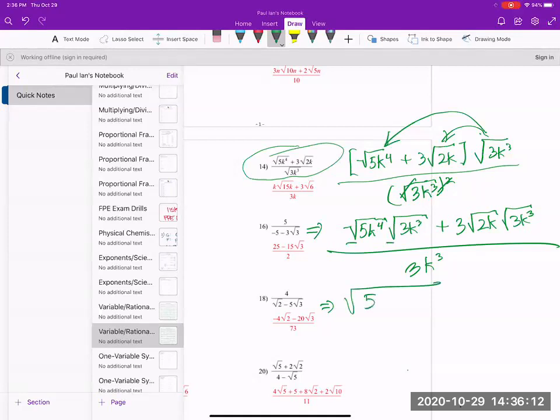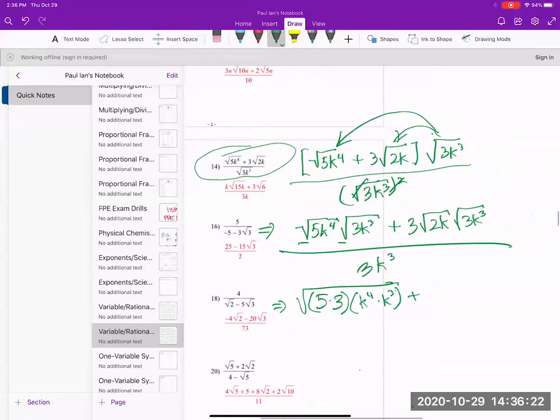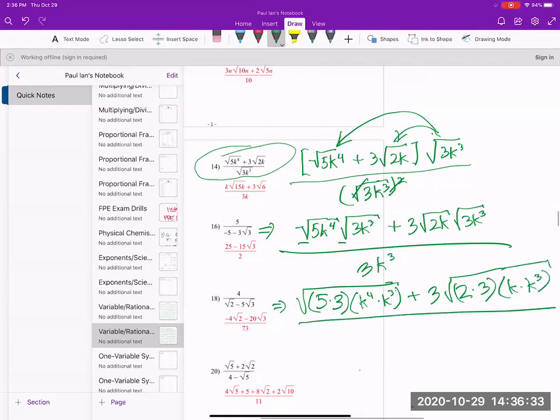You can combine them. 5 times 3, and then k 4 times k to the cube plus 3 2 times 3 k times k to the cube. Not skipping any steps. What do you do now?